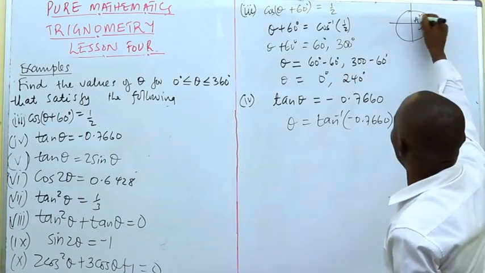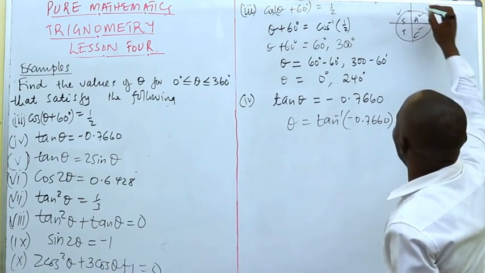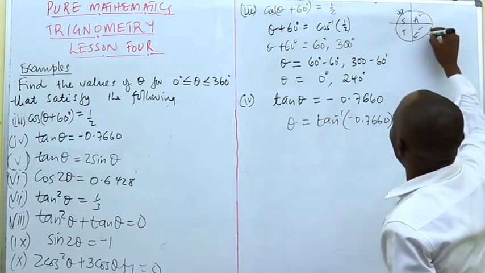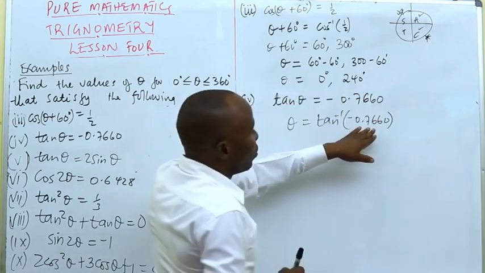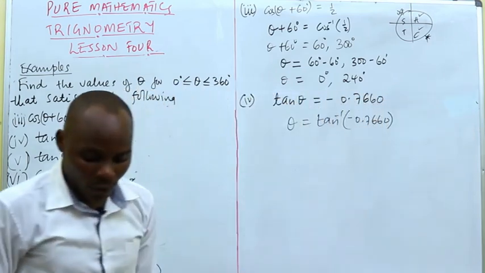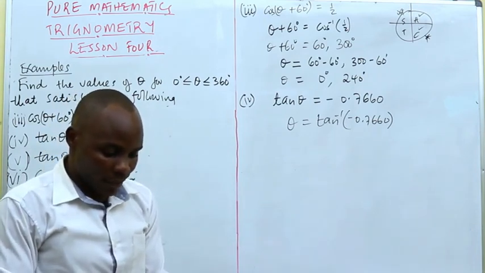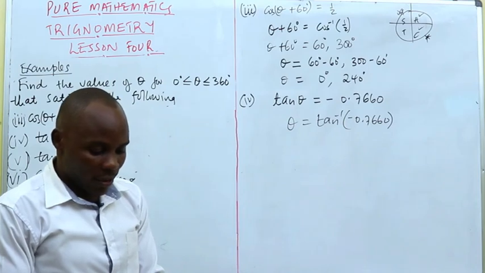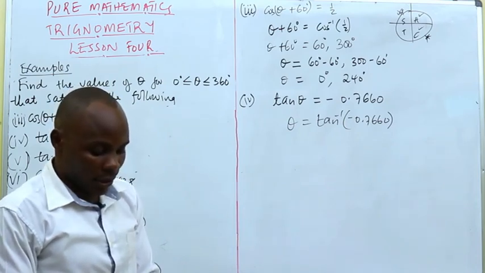Tan, if you look at this, tan is negative in the second and the fourth. Now, if you treat it as a positive on the calculator, what are you going to get? Let's see. Arc tan of 0.7660.